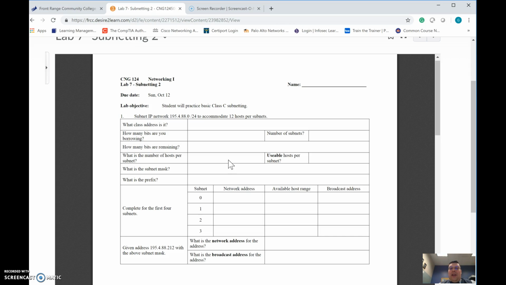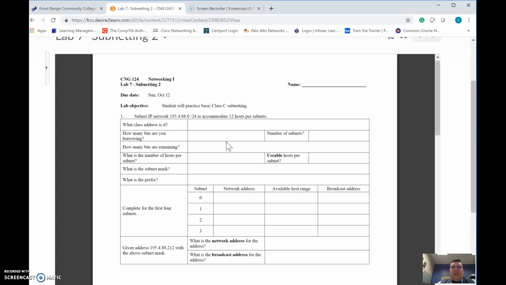They have to be a set number of that. But whatever we choose for the number of hosts per subnet has to accommodate 12 usable hosts. So we have to verify that this number here, 12, fits into the usable hosts per subnet. And that'll give us the number of subnets later.